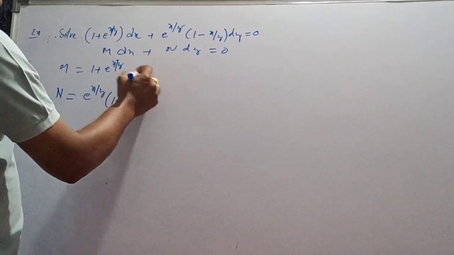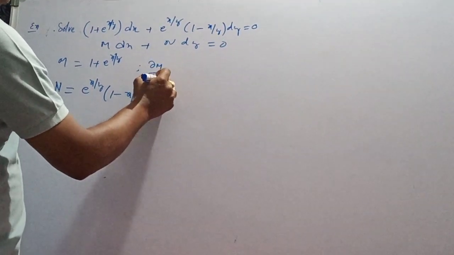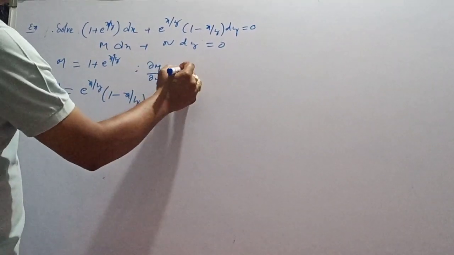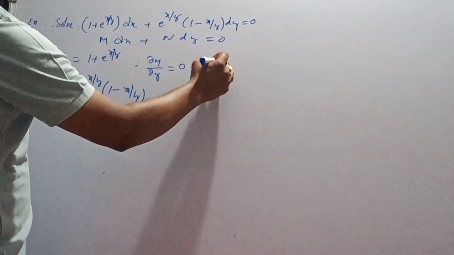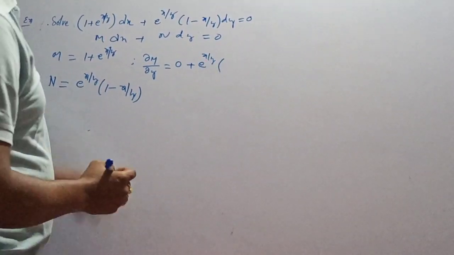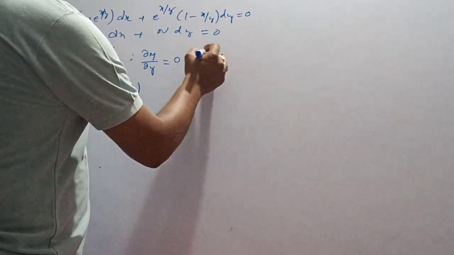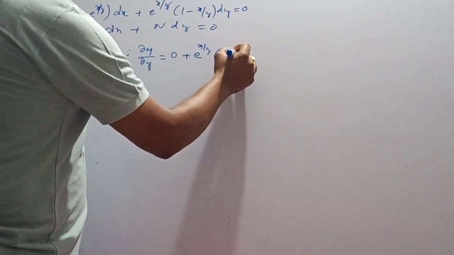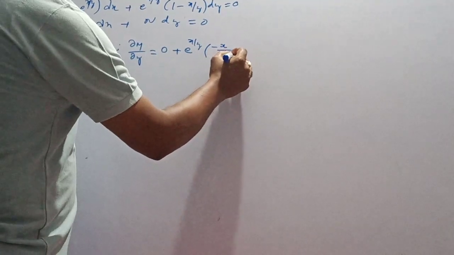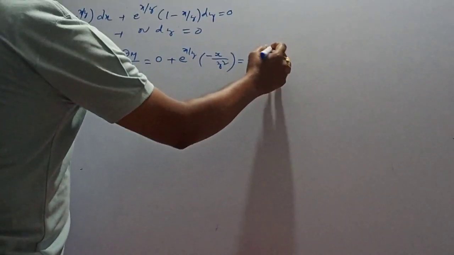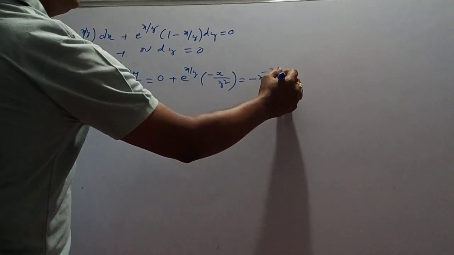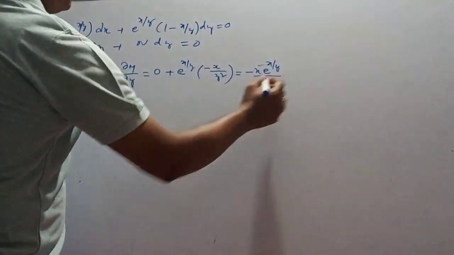So here we require ∂M/∂y. The first term is 0, plus the derivative of e^(x/y), which is e^(x/y) times the derivative of x/y with respect to y, where x is constant, so that is -x/y². This is equal to -x e^(x/y)/y².